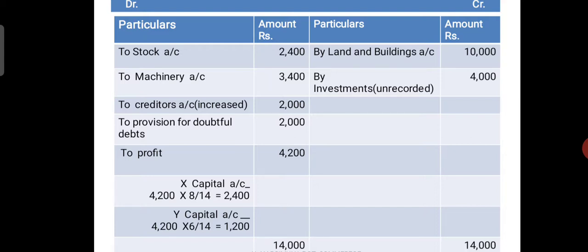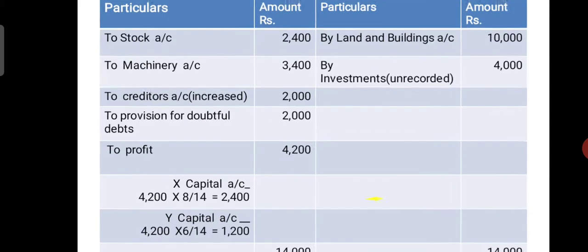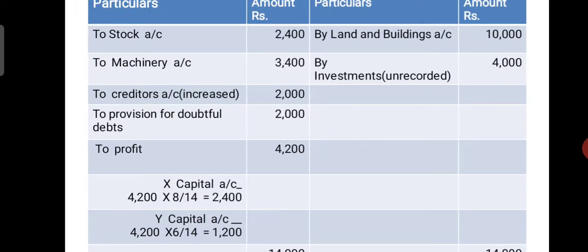So 4,000 rupees, that is the increased amount. Next debit side, decrease in the value of stock, that is rupees 2,400. Machinery, decreased amount 3,400. Creditors unrecorded rupees 2,000. Provision for bad and doubtful debts, amount 2,000. And profit is rupees 4,200.